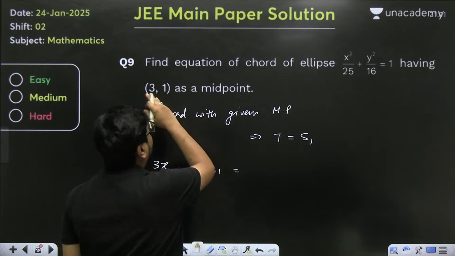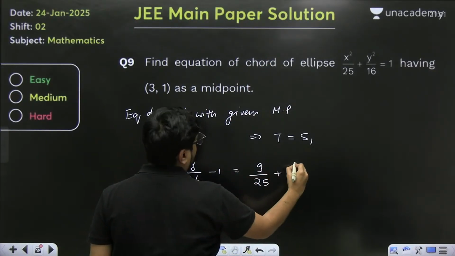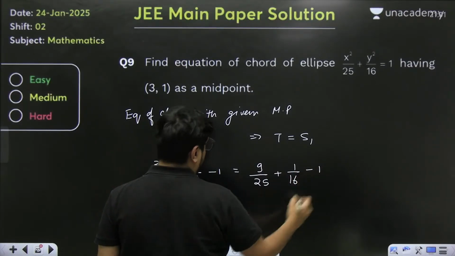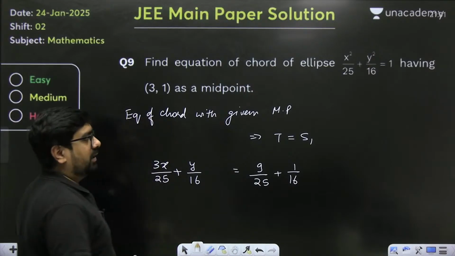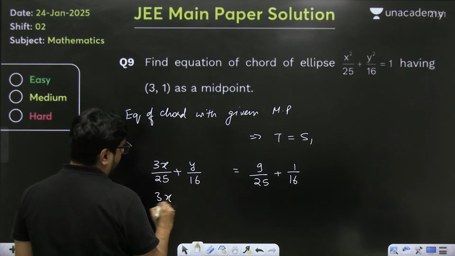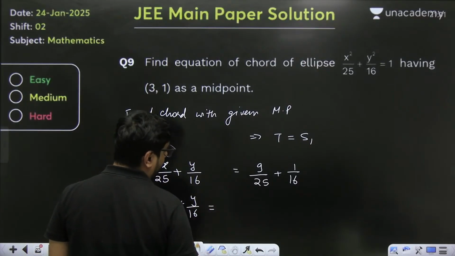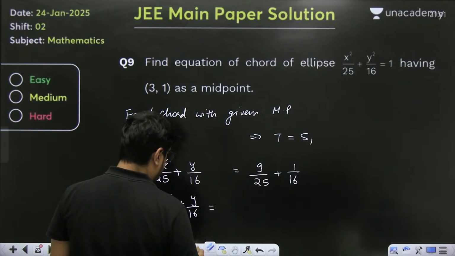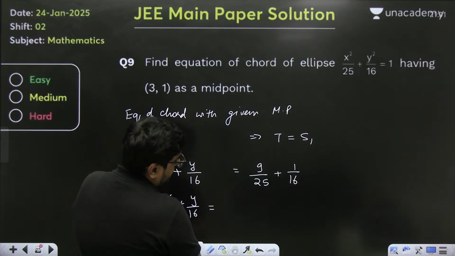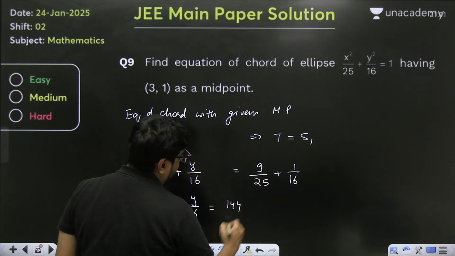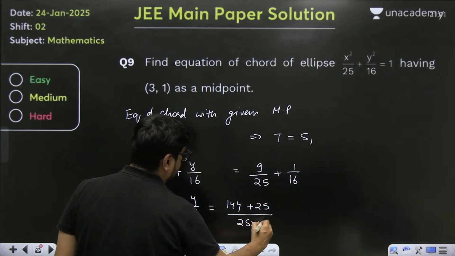What will be S1? S1 means this point satisfied here, so 9 by 25 plus 1 square, that means 1 by 16 minus 1, although there is no point in writing minus 1 because it gets cancelled. So this will be your equation. What are we getting? 3x by 25 plus y by 16 equal to 9 by 25 plus 1 by 16, that is 144 plus 25 divided by 25 into 16 this side.